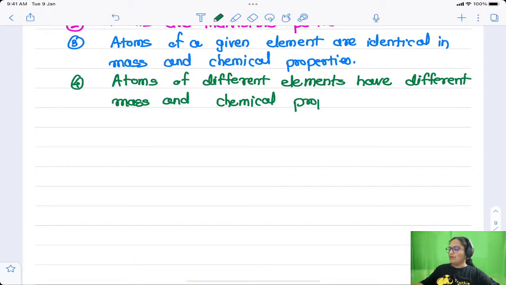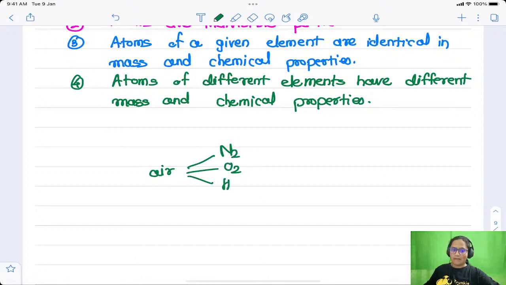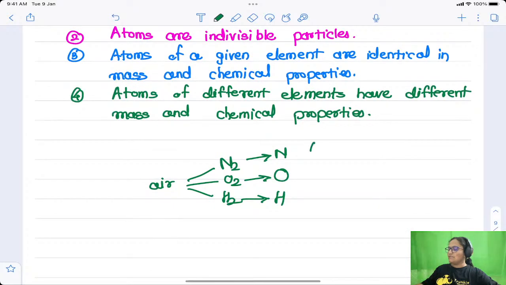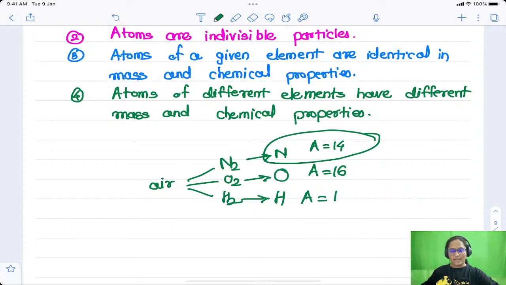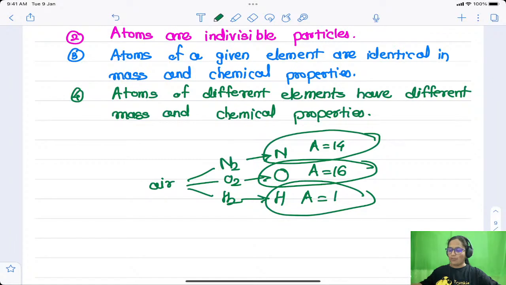What is the meaning of it? Again, if I take an air sample, in that air sample there are different gases like nitrogen gas, oxygen gas, hydrogen gas, etc. Nitrogen gas molecules are made up of nitrogen atoms, oxygen of oxygen atoms, hydrogen gas of hydrogen atoms. The mass of nitrogen atoms will be 14, of oxygen atoms 16, of hydrogen atoms 1. All atoms of nitrogen will have the same property, of oxygen the same property, and of hydrogen the same property.